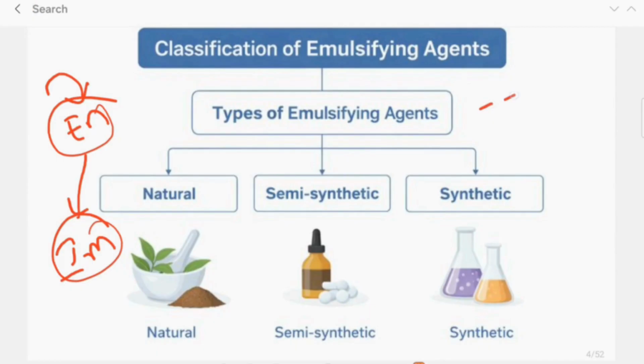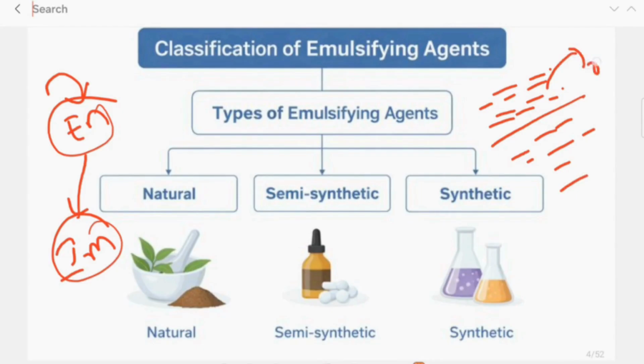So what happens in the immiscible liquids? There is a phase separation, or a two phase system. One is the oil phase, and another one is the aqueous phase or water phase. So here the surface tension is more.